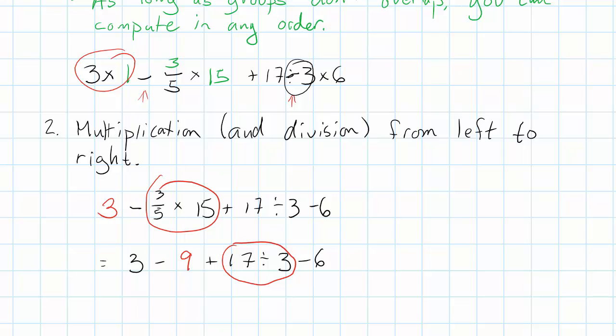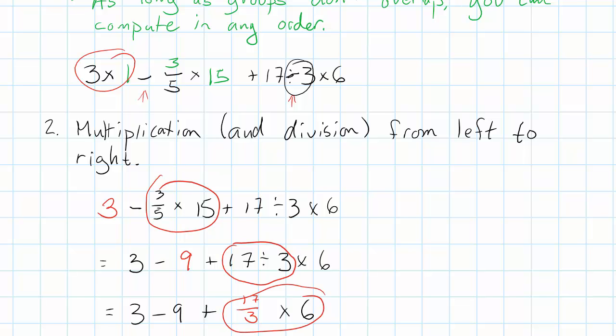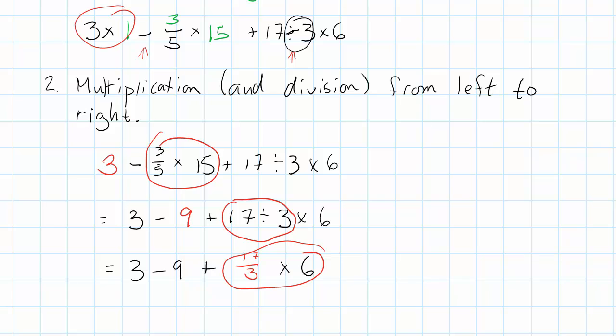I'm just going to say this is 17/3. And then I have 17/3 times 6, which might be a job for a calculator or for writing out this step in a little bit more detail, but we're going to get 34.